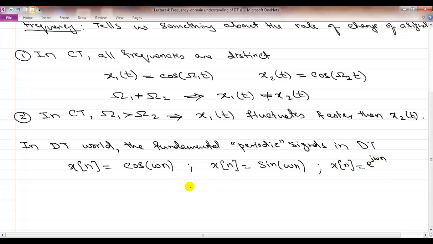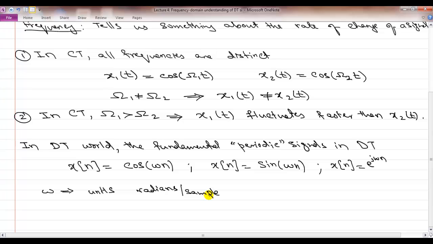Very similar, but in discrete time, the units of little omega are different. The units of frequency in continuous time are radians per second, but in discrete time there is no notion of second. The fundamental notion in discrete time is you have different sequence values, or the term that is used is sample. So the units will be radians per sample.